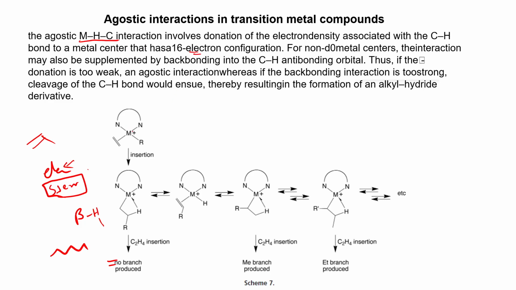So your metal has some electron deficiency. To overcome that, or to stabilize that particular state, the sigma electrons of that carbon-hydrogen bond are donated to that metal center. A sigma complex is formed that way, and that is why the agostic effect is there.